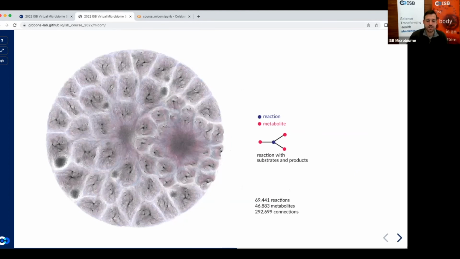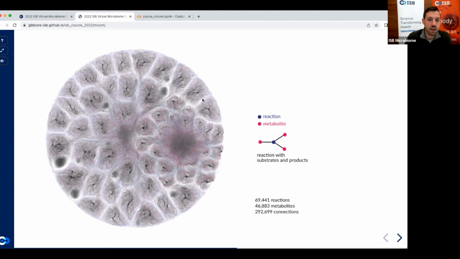So this is a visualization of a standard metagenome scale metabolic model that you might build in Mycom. Each pink dot in the visualization here represents a single metabolite, and each blue dot represents a reaction. And those reactions and metabolites are connected with black lines. You'll see that each of these regions that seems to be a little bit distinct from the others represents one taxon.